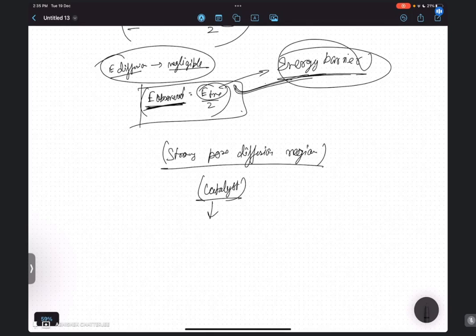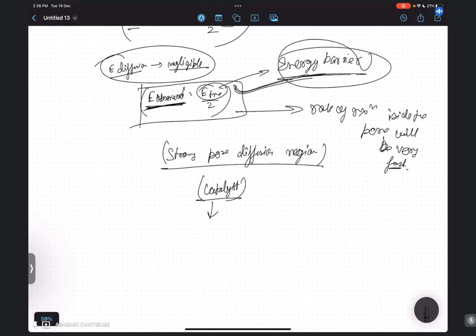You are getting these things, no? Because this is getting halved, the rate of reaction inside the pore will be very fast, as what you have done is reduce the activation energy to half of its value. At the beginning of the CRE we understood that if this E value is reduced, our rate of the reaction will increase.